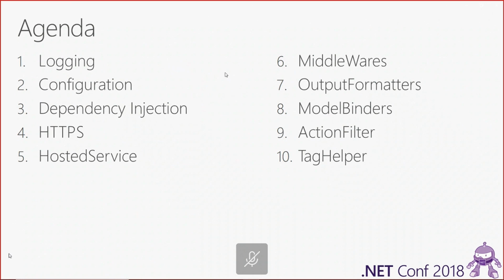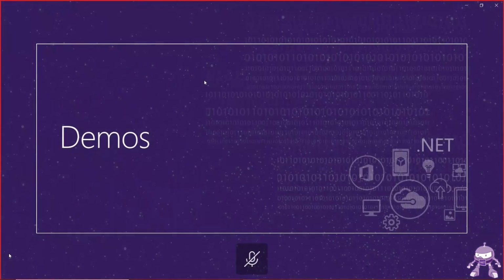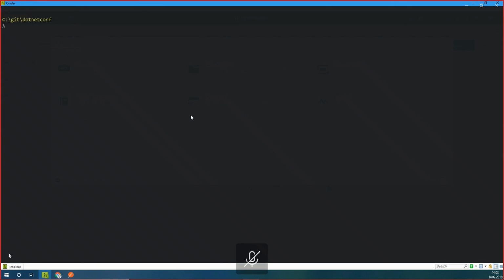Let's start. I'll switch off PowerPoint here because we don't need it anymore, and go to the console. The first thing I will do is go to the different solution folders for each topic. The first one is about logging, and I create a new MVC application.